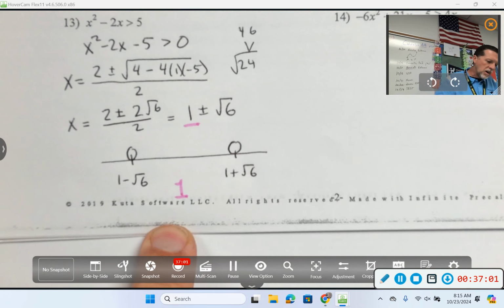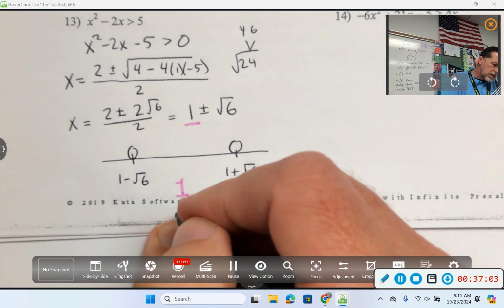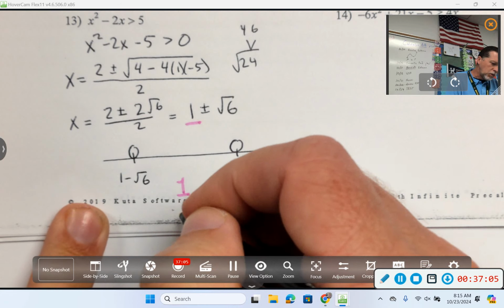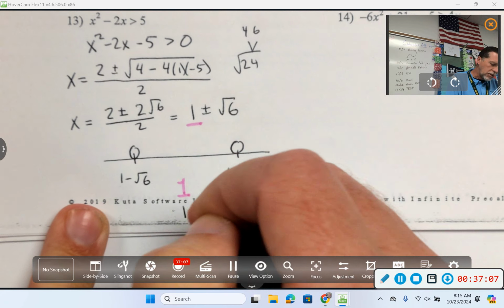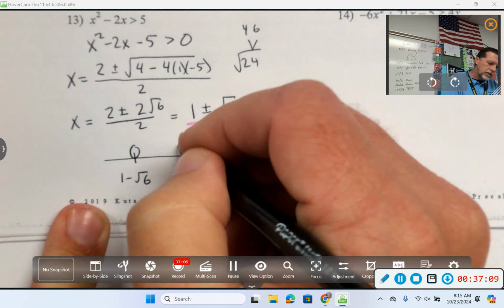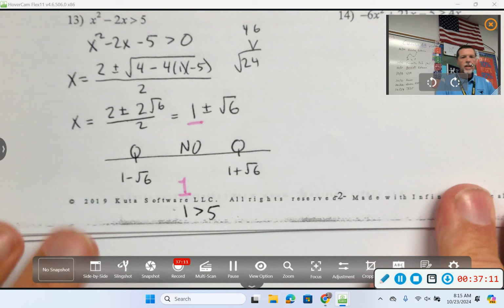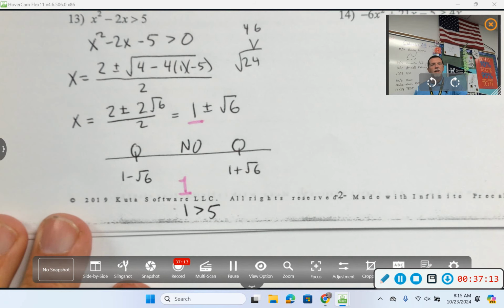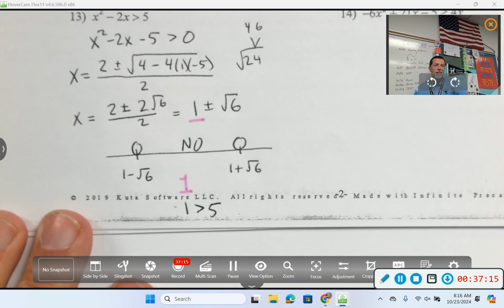So if I check 1, does 1 work? No. 1 minus 2 is greater than 5. No, that is not true. So it would just alternate, right? They just alternate. If you want to check, you got to figure out what 1 plus square root of 6 is, or something close to it.